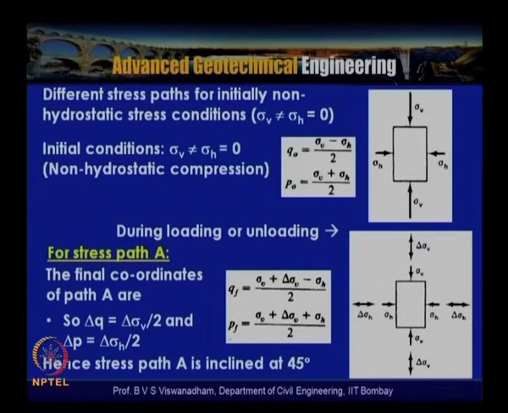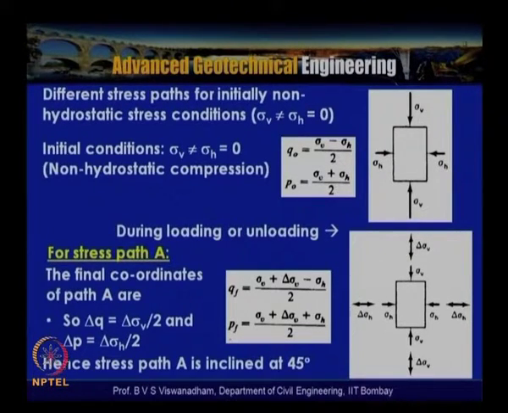So as we have discussed in the previous lecture, we considered an example where hydrostatic stress conditions prevail. Hydrostatic stress conditions means sigma V is equal to sigma H. But now let us consider a sample which does not have identical stresses in the vertical and horizontal directions.